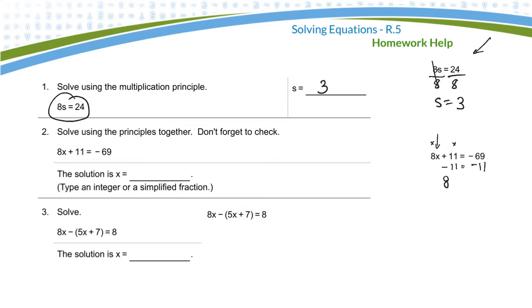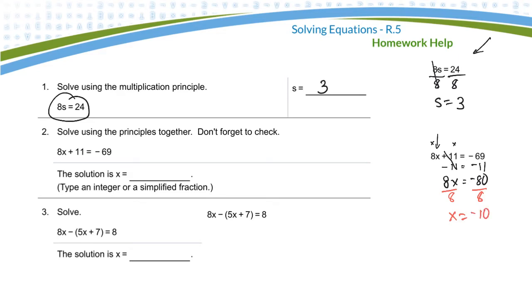So on the left side, I'll be left with 8x, because these cancel, is equal to negative 69 minus 11, which looks to be about minus 80. And then I'll use the division principle. I'll divide this side by 8 and divide this side by 8, and that'll get x by itself.